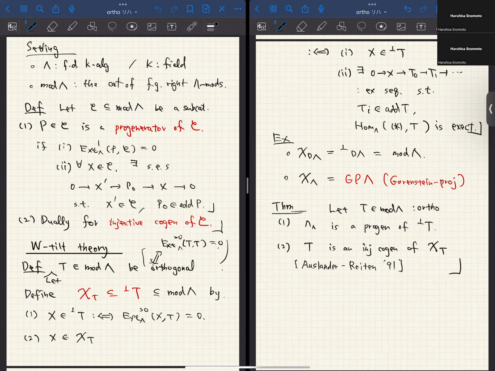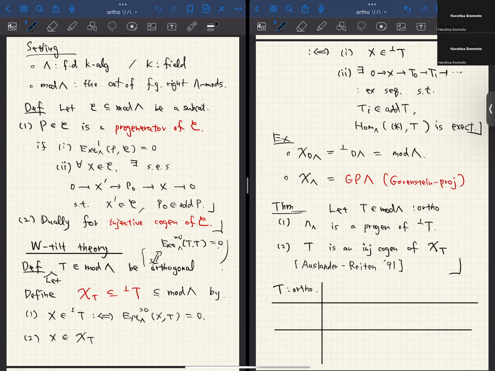So I will summarize this in the following table. This table plays an important role, an important viewpoint from today's viewpoint. So for an orthogonal module T, we can consider two subcategories, X_T and T-perp, and this is contained in this.